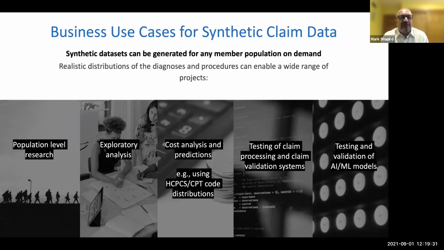If there's a population of interest, then the real data for that population can be extracted and used as training data, and that trained generator can then be used to generate data that will be similar in many important ways to the data for that population of interest. The synthetic data can then be used for analysis and research without violating privacy.